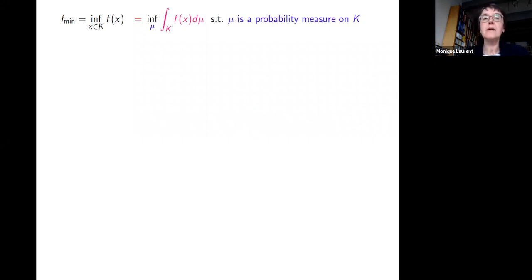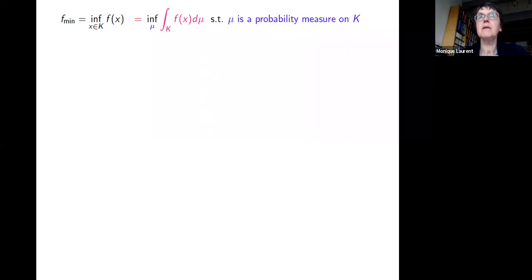Let's start from the beginning. We start again with our polynomial optimization problem, which asks to find a point x in the semialgebraic set K whose f value is as small as possible. Every point x in the set K, we can view as a measure, namely we model it by the Dirac measure at x.